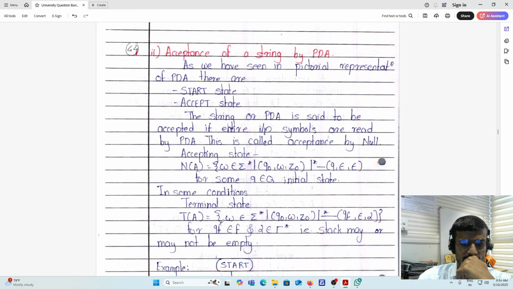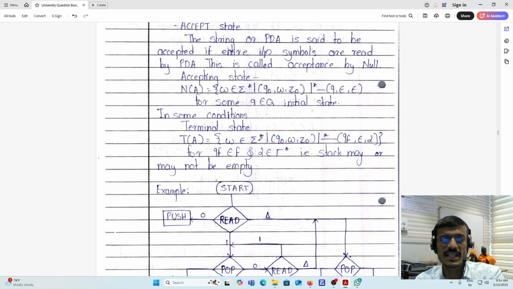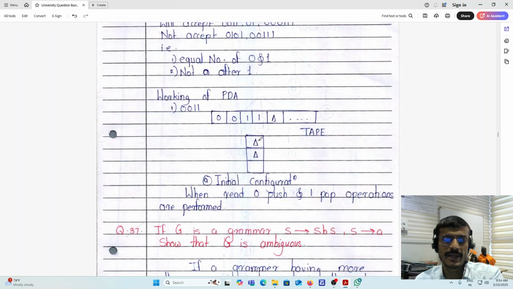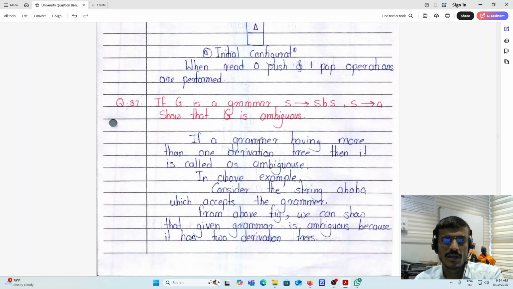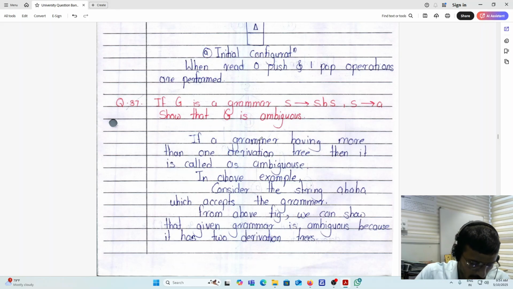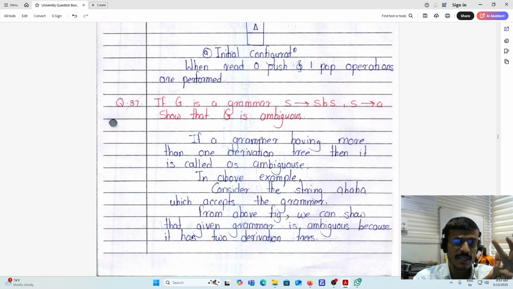Okay, fine. So, acceptance of a string by PDA. When a string is accepted by PDA, there are two scenarios I would like to tell here. First one is whenever the stack is empty. I am going a little bit theoretically here, you have to mention all these things. Whenever the stack is empty or all the symbols from the given tape have been read, in such two cases the PDA is going to accept the string.